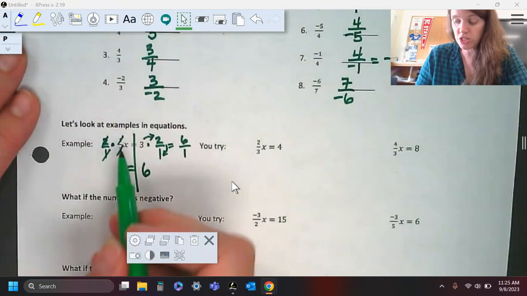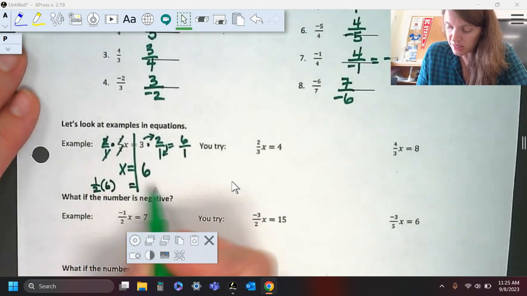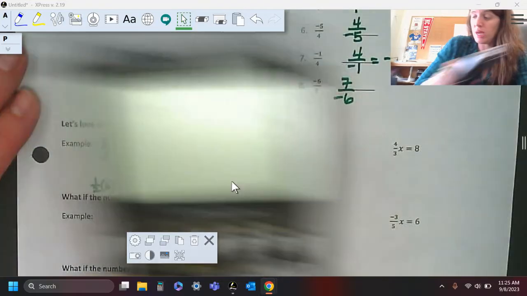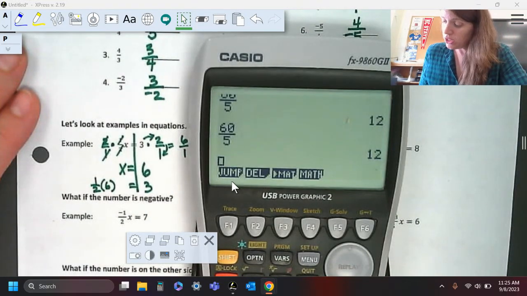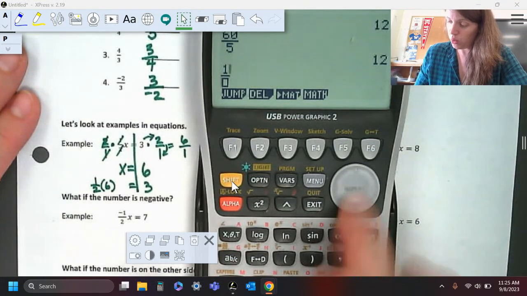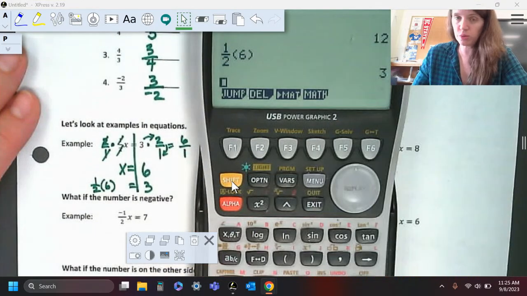And if I wanted to, I could check the equation. 1/2 times 6 is equal to 3. Is 1/2 of 6 3? Yeah, 1/2 times 6 is equal to 3. And if you don't know that in your head, you can use the fraction button in your calculator, this ABC, and you can do 1 over 2, and then parentheses 6 gives you 3.